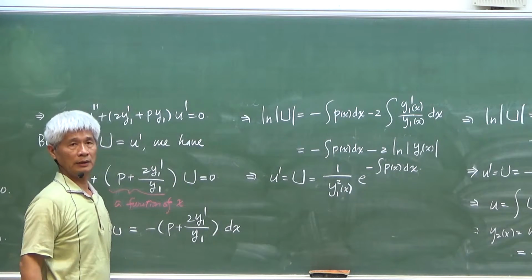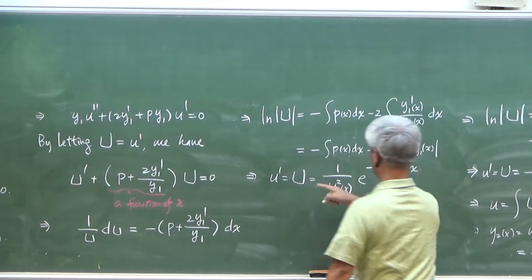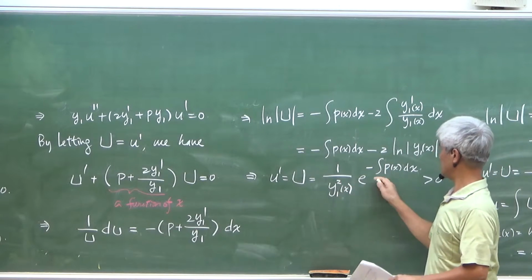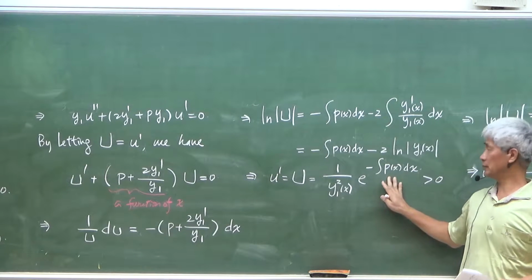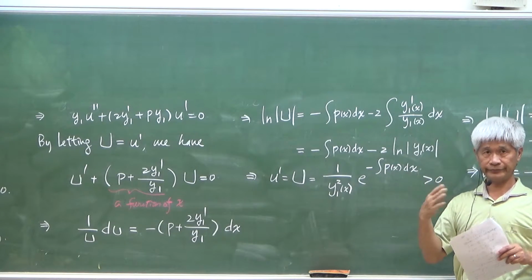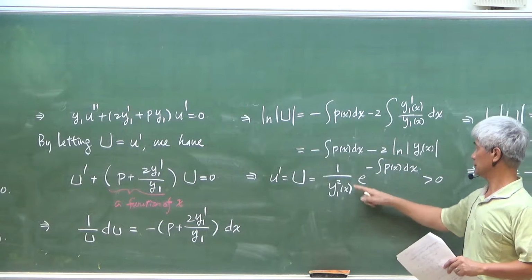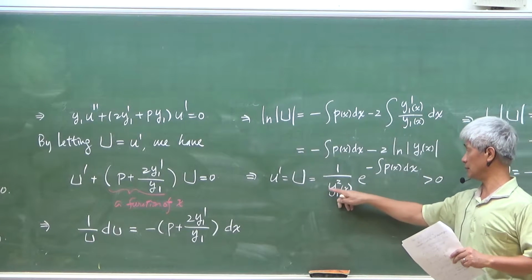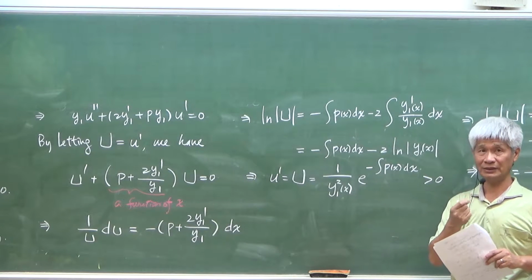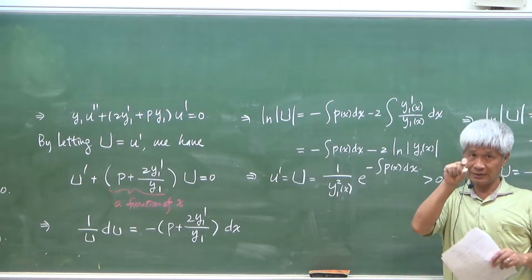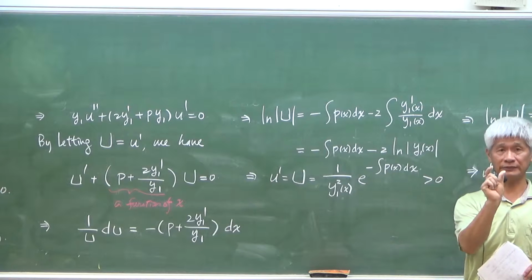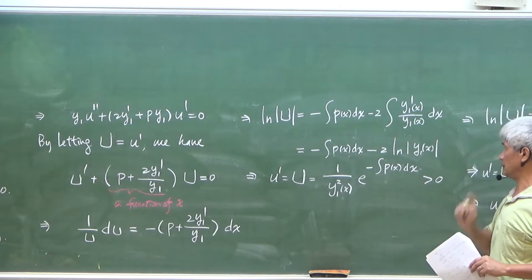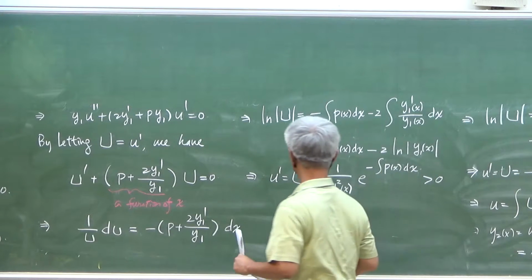Okay. So you see that in general this is positive, right? Because the exponential function is always positive and the square is always positive. Of course we have to avoid the denominator being 0, by selecting a proper open interval. But nevertheless, this is always positive.